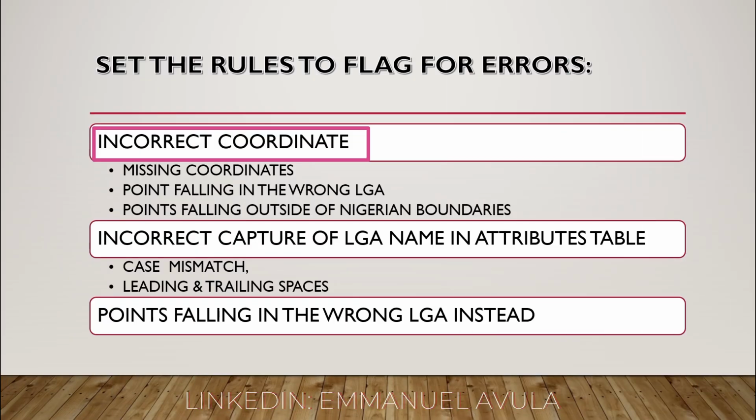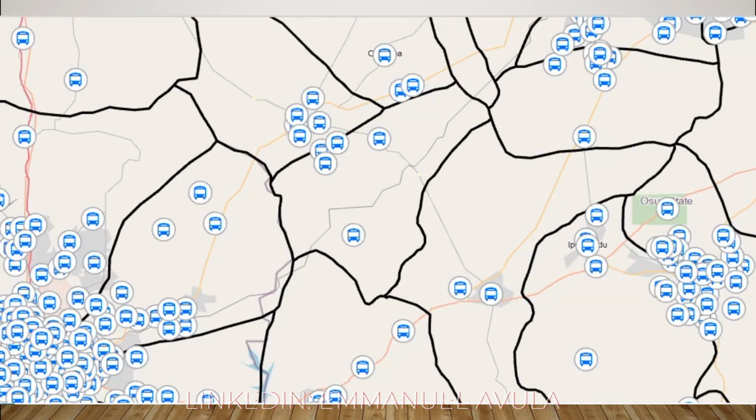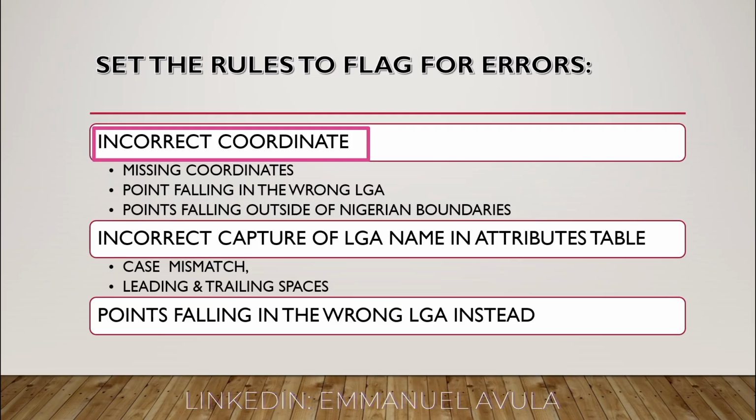For example, points that are supposed to be in Abuja Municipal Area Council are falling in Obiakpo local government in River State. The system will be able to flag it. And then some points may be falling even outside the Nigerian boundaries. So these are rules we will set using the ArcGIS expression, and then the system will be able to validate and expose those points that are having wrong geometries.